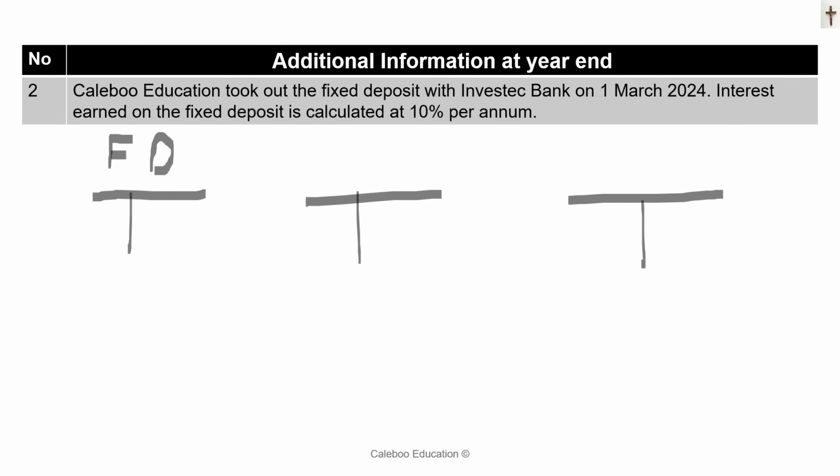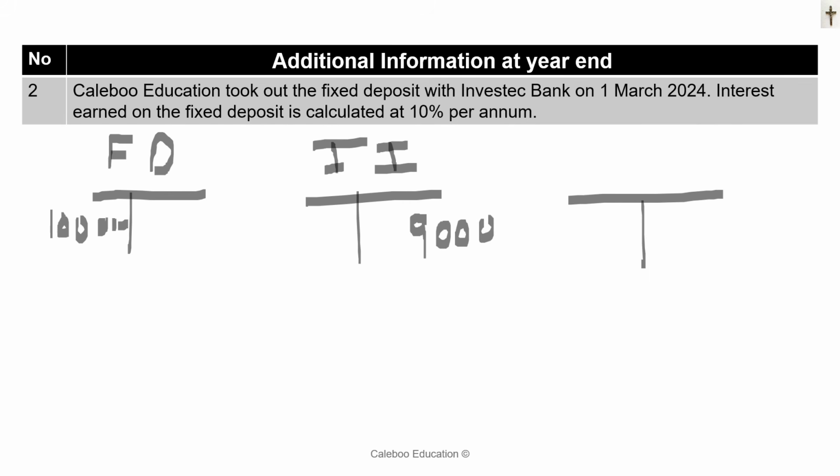The fixed deposit, and in there was 100,000. You can go check the pre-adjusted trial balance. Then you've got the interest income is I think what they called the account, but basically the interest on the fixed deposit was sitting at 9,000.